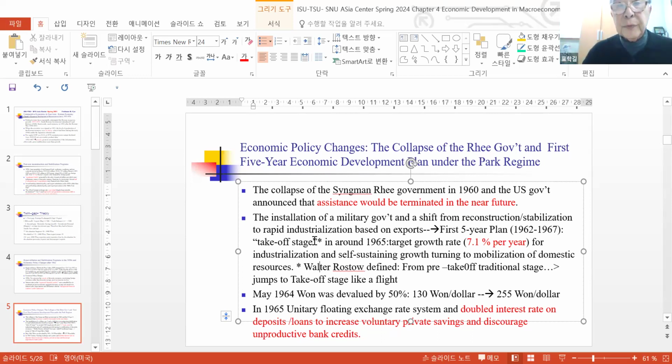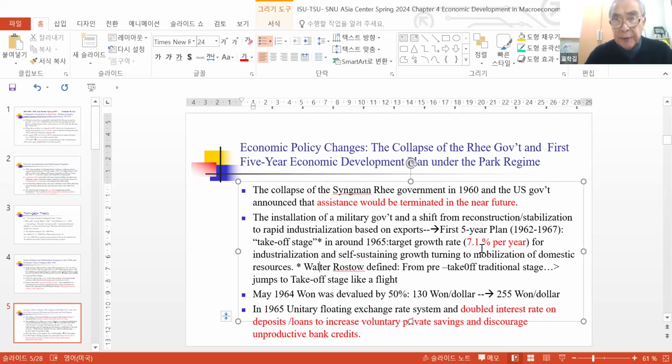So takeoff stage, 1965. And during this period, the target growth rate was 7.1%. For industrialization and self-sustaining growth, turning to mobilization of domestic resources. In May 1964, the won was devalued by 50%.